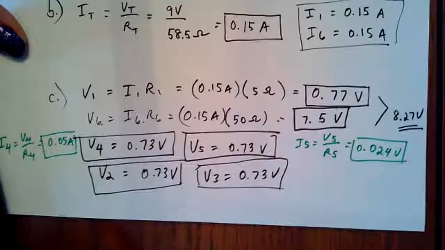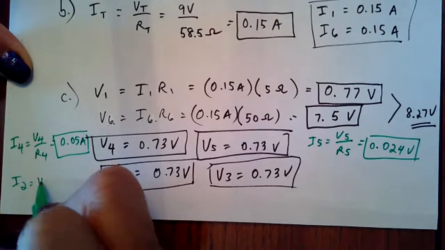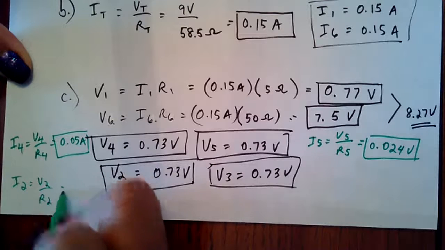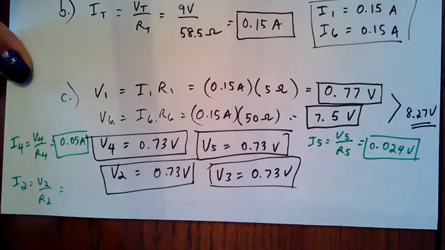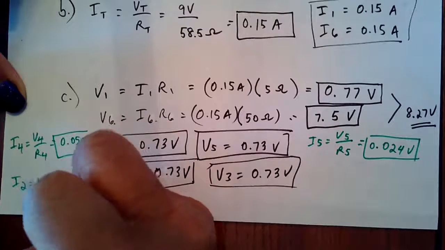Calculating the I2. So I2 is V2 divided by R2. So V2 is 0.73 volts divided by R2 is 10. And this is 0.073 amps.